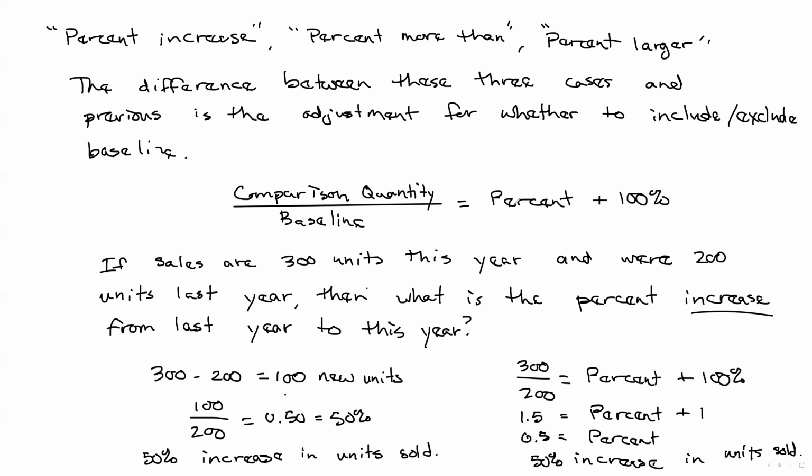Or you could just use this formula that we came up with that includes this 100%. That 100% is the equivalent of that 200 units, and so the math ends up working out very similarly. You end up getting the same result. I think this is a bit simpler, and so this is how I will do it typically in videos. I'll compare the two quantities, and then I'll set it equal to percent plus 100%.